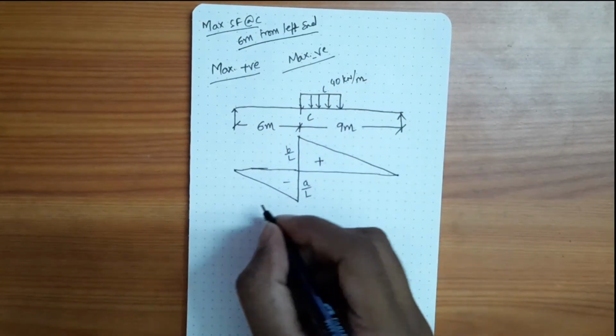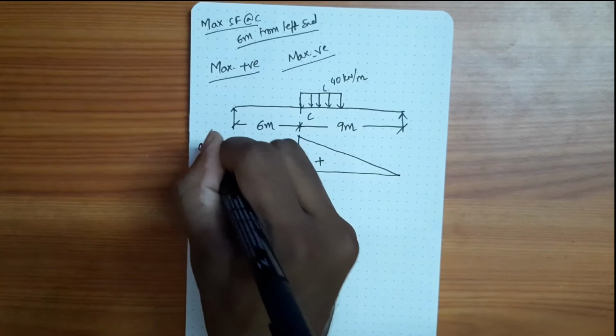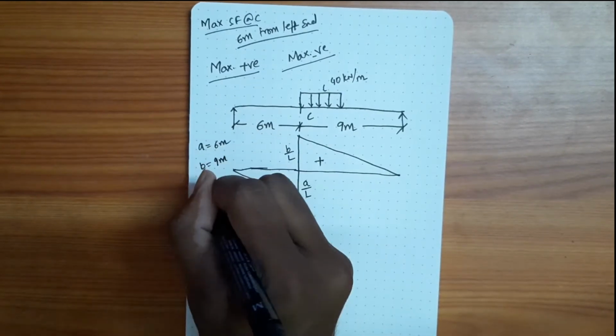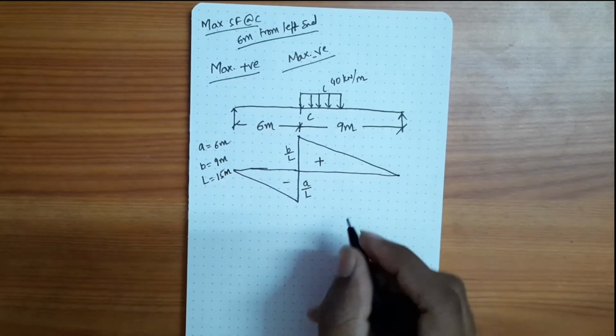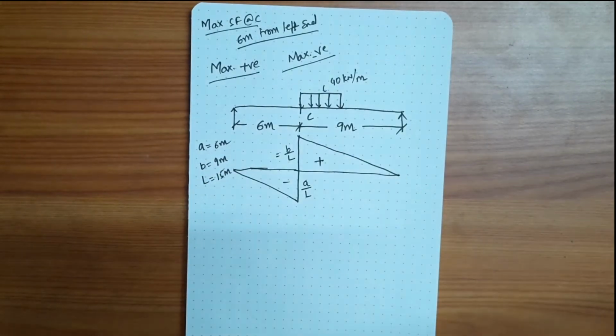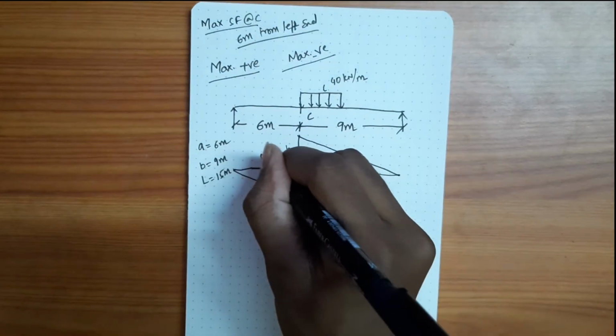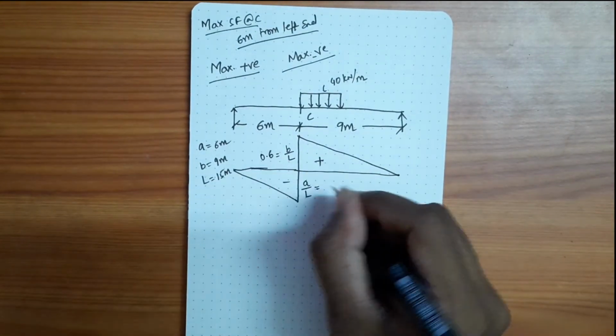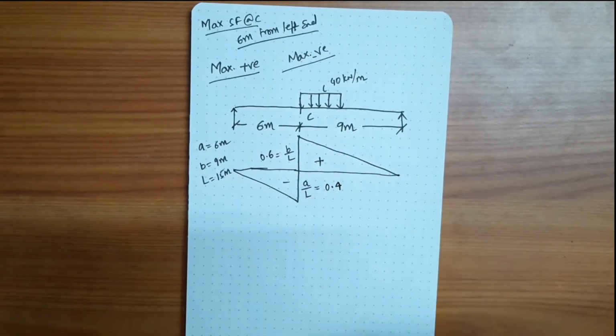this span is 5, A is equal to 6 meters, B is equal to 9 meters, L is equal to 15 meters. B by L is equal to 9 by 15, that is 0.6. A by L is equal to 6 by 15, that is 0.4.